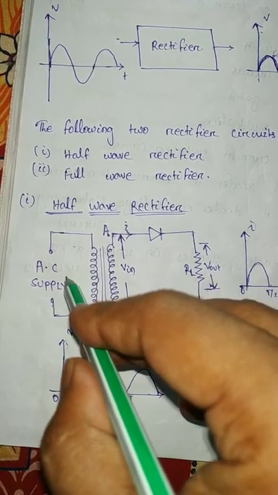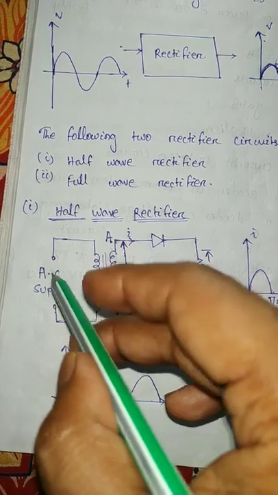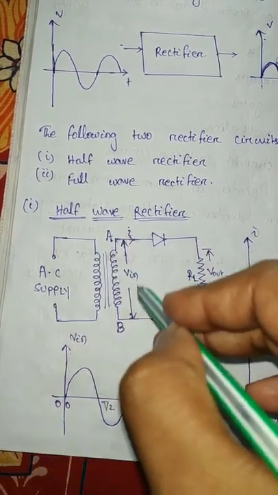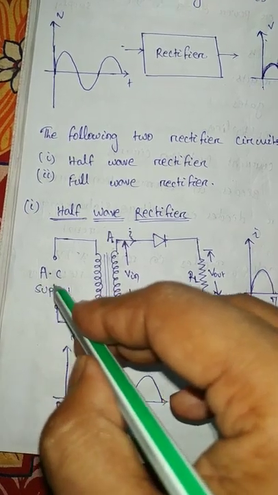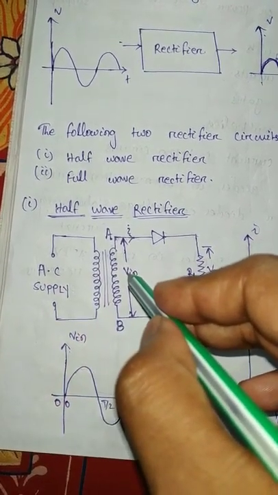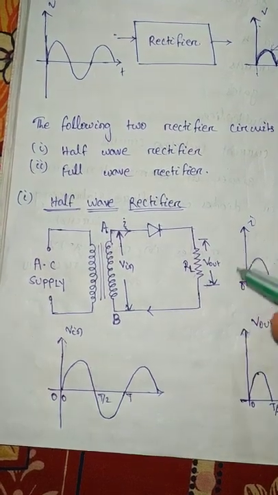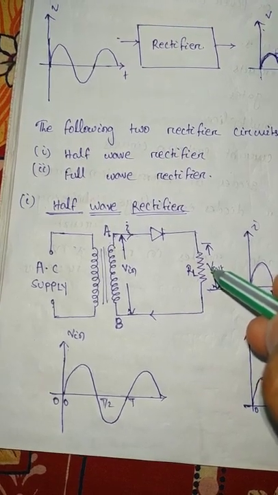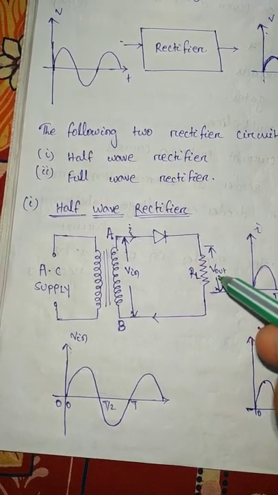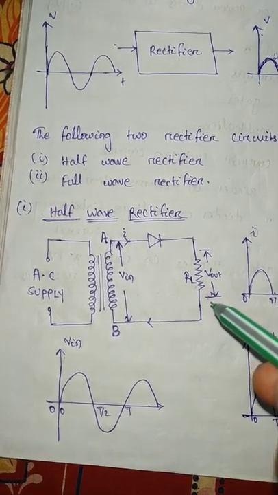If you want 12 volt DC, we use a step down transformer, so the 230 volt AC supply is stepped down to 12 volt, and we get 12 volt DC output across the load.